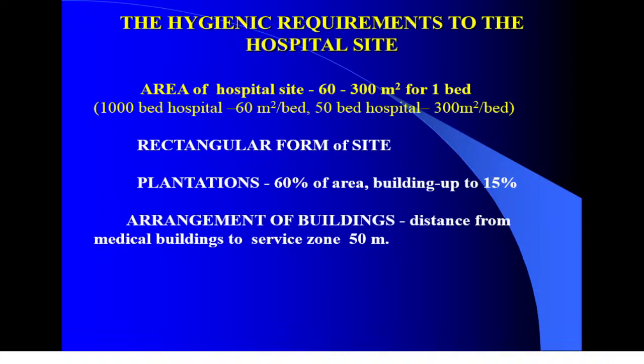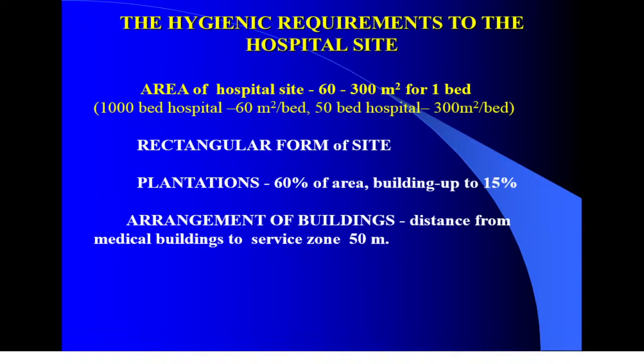I spoke about the rectangular form of the site. As for plantations of plants in the territory of the hospital site, by hygienic requirements they should cover 60% of the area. It's a very high percentage, but it's normal for optimal sanitary conditions in the hospital.